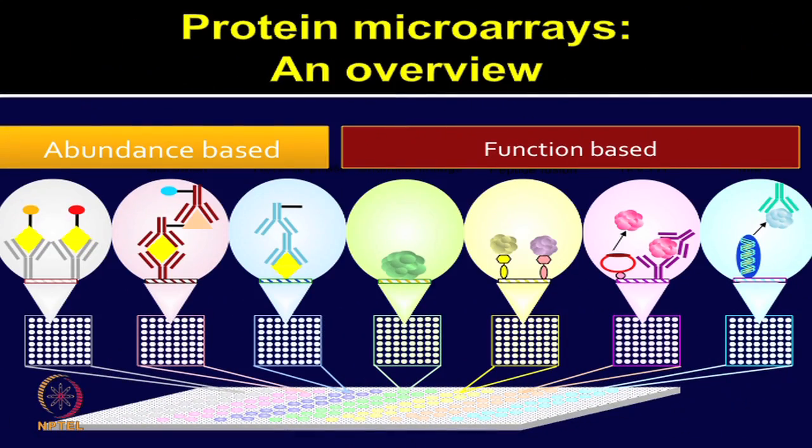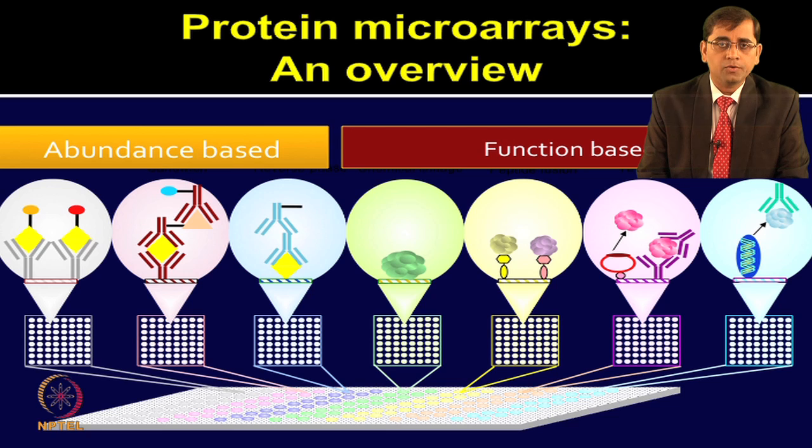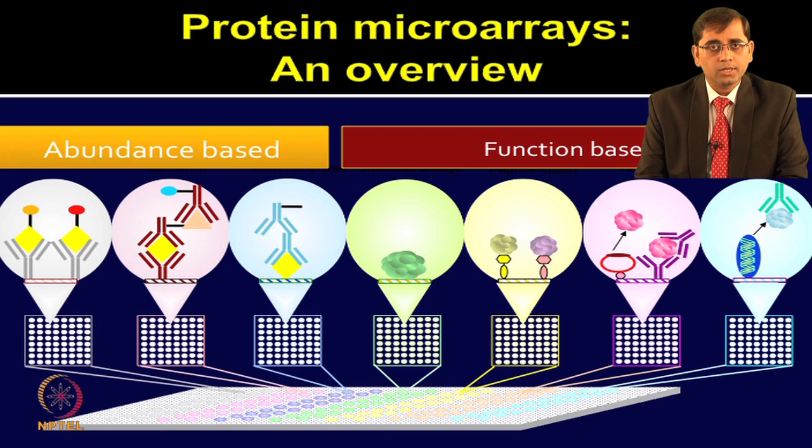In the previous lecture, I provided you an overview of different types of protein microarray technology. We discussed both abundance based and function based protein microarray platforms. We talked about different types of labeling, which includes direct labeling and sandwich assay type technology. We also talked about reverse phase protein arrays and then discussed different ways of making function based protein arrays.